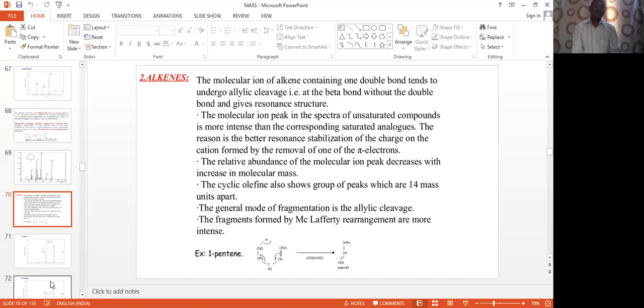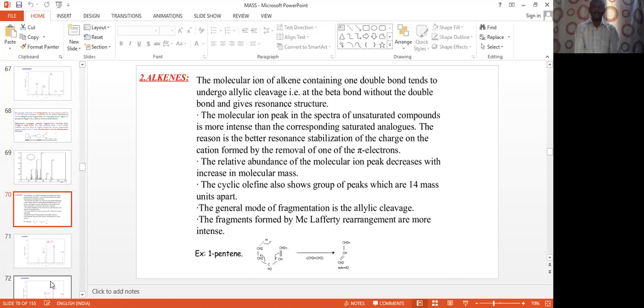So here you can find three or four features. The molecular ion peak generally will be an intense peak, because of the presence of double bonds. You can prominently find the molecular ion peak.